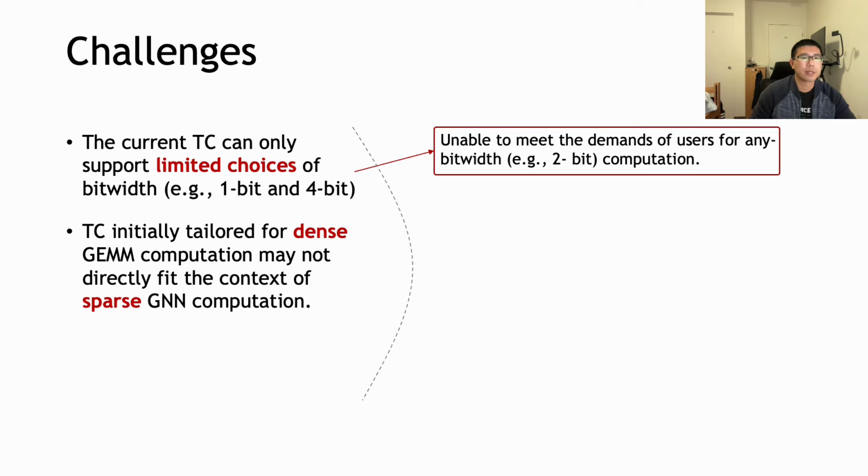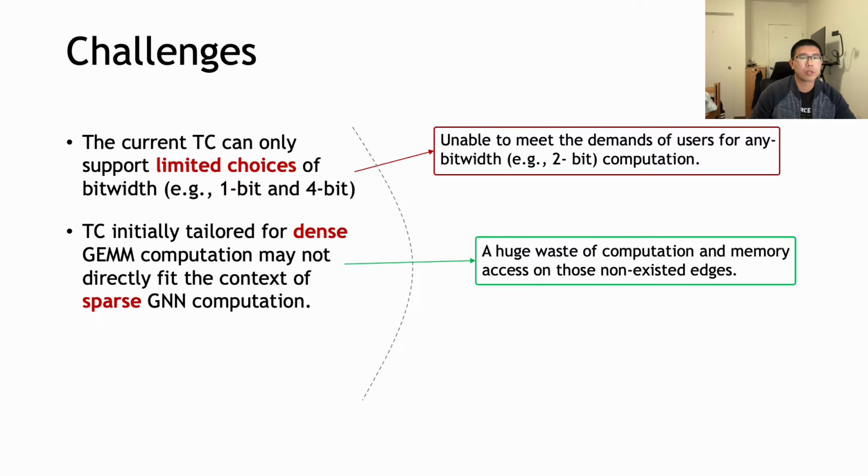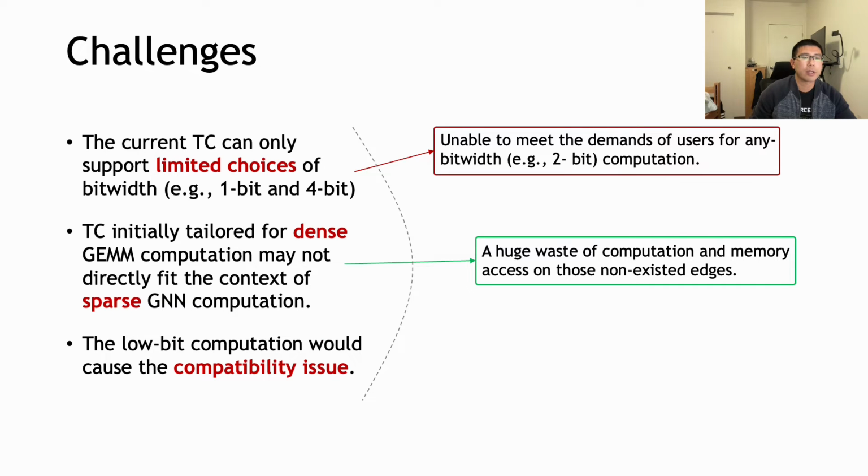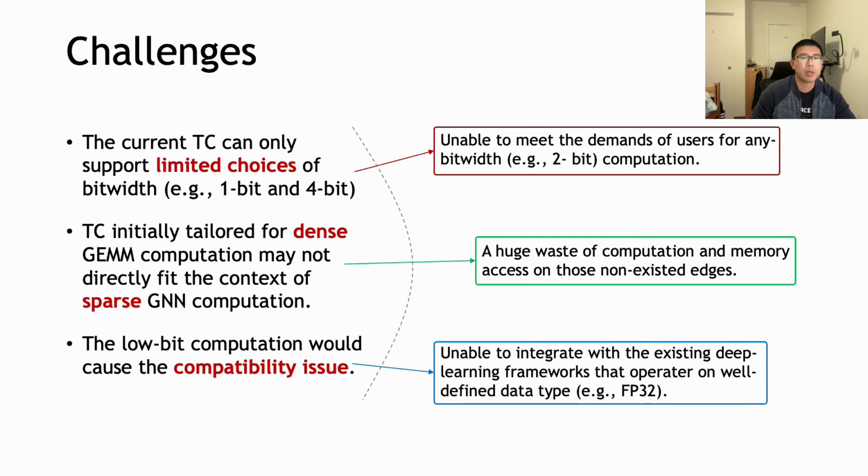And second, tensor core is initially tailored for dense GEMM computation, which may not directly fit the context of the sparse GNN computation. It will lead to a huge waste of computation and memory access on those non-existent edges. And finally, the low bit computation would cause a compatibility issue, because it will be unable to integrate with the existing systems that operate on the predefined data type, such as FP32 or Int32.